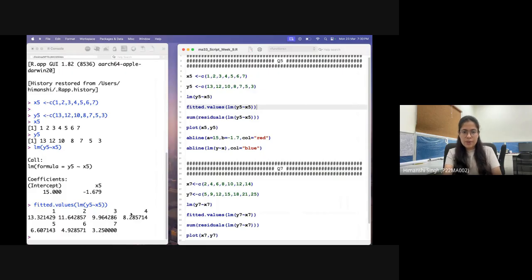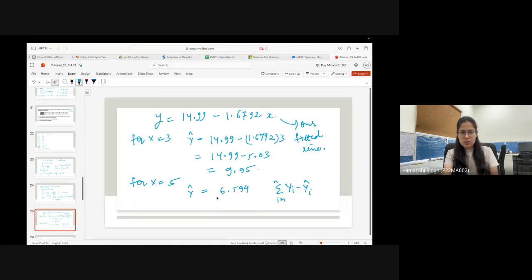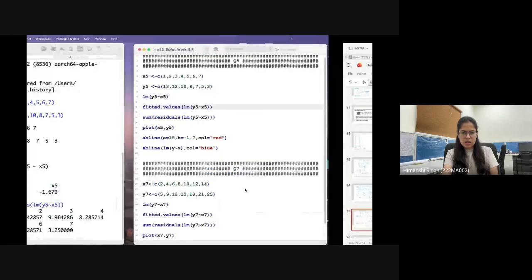Further, it gives the fitted values for x equals 4, 5, and 6, with 4.92 for the last, and there is a kind of error here, I think.